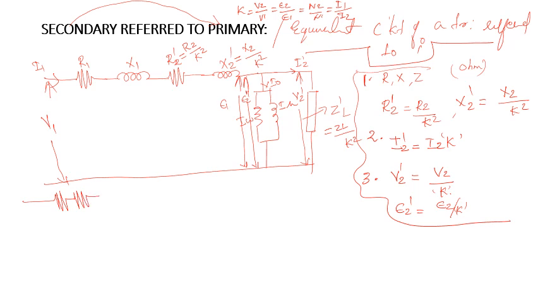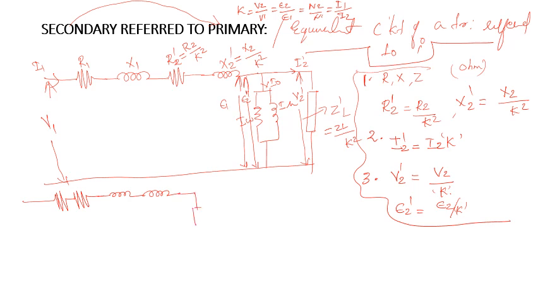R1, R2 dash, X1, X2 dash. For the simplification of the circuit, I just eliminate I0, because now we consider the transformer under load condition, so the value of I0 will be slightly negligible. So I can avoid this portion.